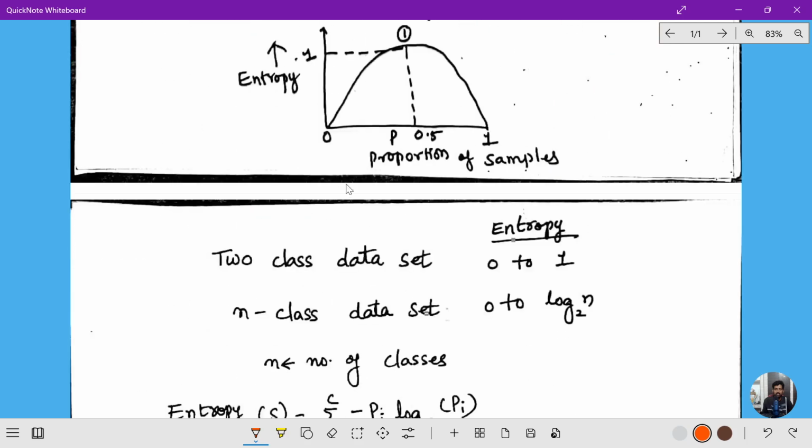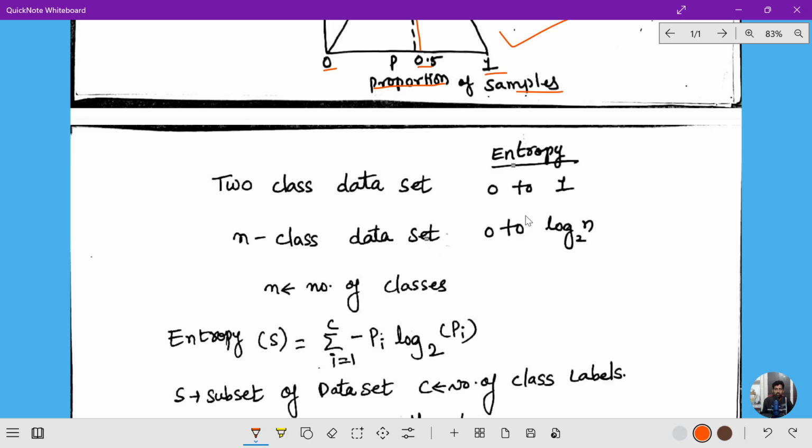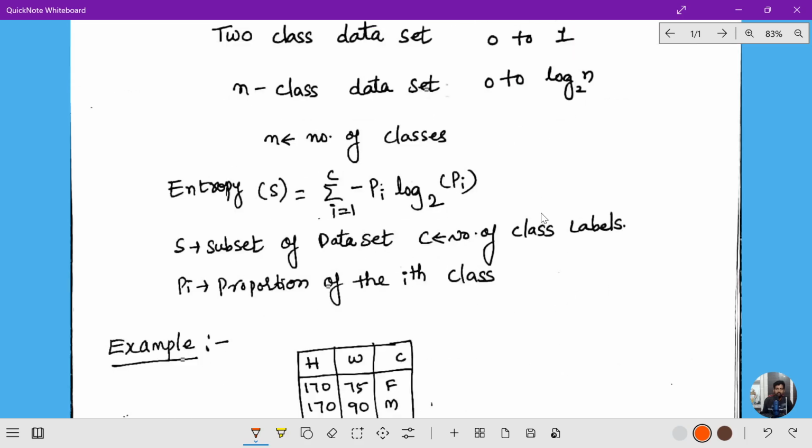Now this is a graph which explains entropy. You observe here the values are 0, 1, and 0.1 in between 0 and 1. Here the entropy measures this graph, where we draw the line from here to here. This is the proportion of samples. Now we'll see more examples.